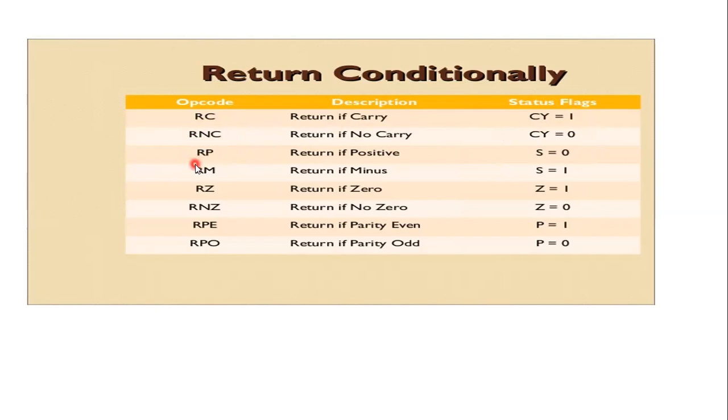Then RP, return if positive. Similarly, as in the call, when the sign flag is 0, the opcode used is RP. And when the sign flag is 1, then we use RM, return if minus.